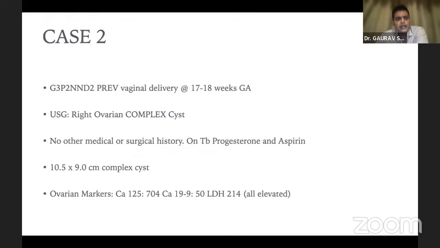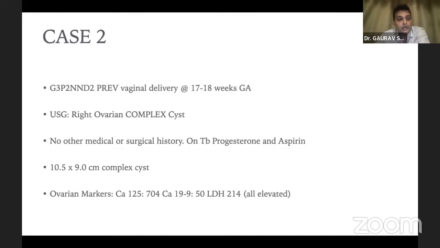She had 1 neonatal death at about 7 months, and she came at about 17 to 18 weeks with the ultrasound showing a right ovarian complex cyst. She had no real major medical or surgical history, and she was on progesterone as well as aspirin because she had 2 previous mishaps.